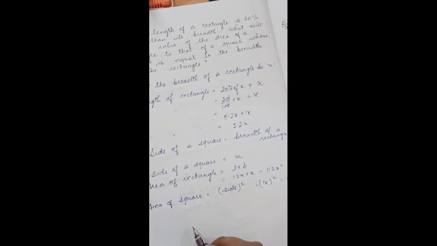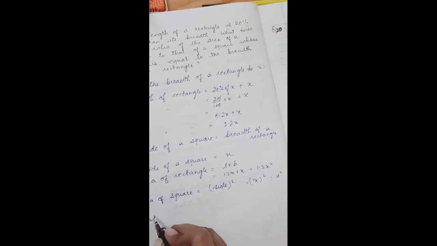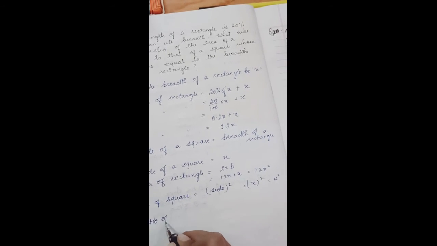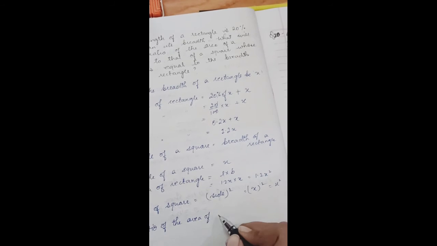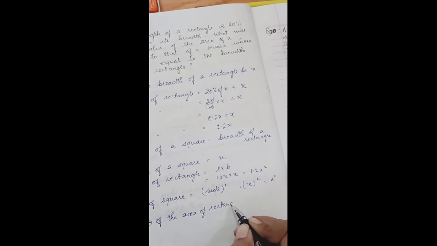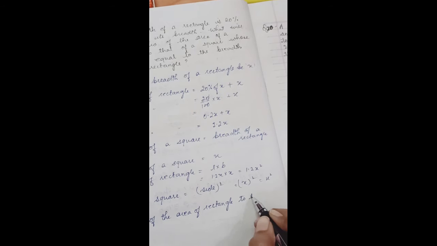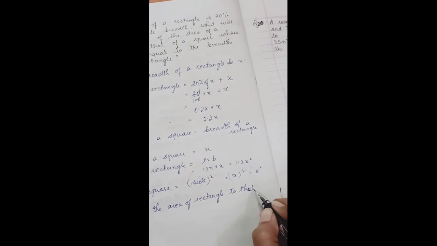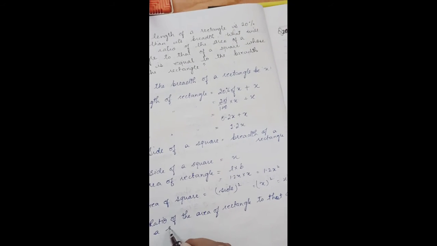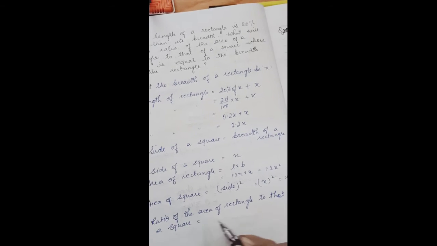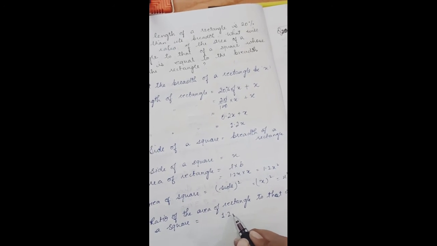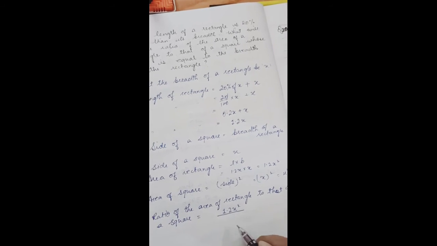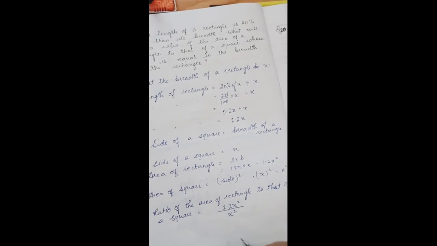Now the ratio of the area of the rectangle to that of a square is equal to 1.2x square over x square.